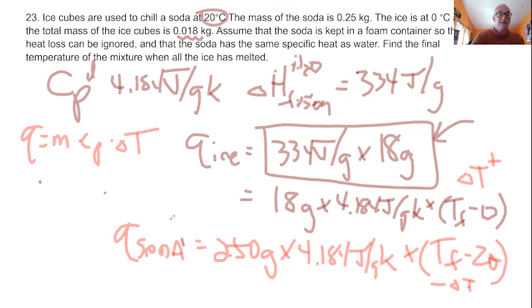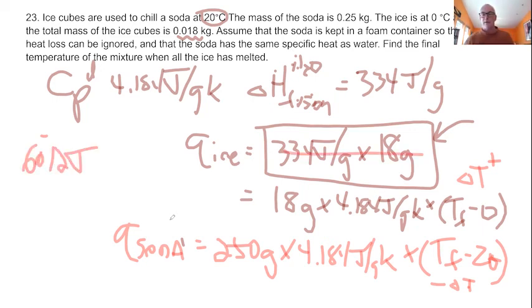And now it's just a matter of doing some calculations. Basically, we just multiply everything together, and we want to get everything with temperature final on one side and numbers on the other side. So we'll just multiply everything out. So this gives us 6,012 joules.